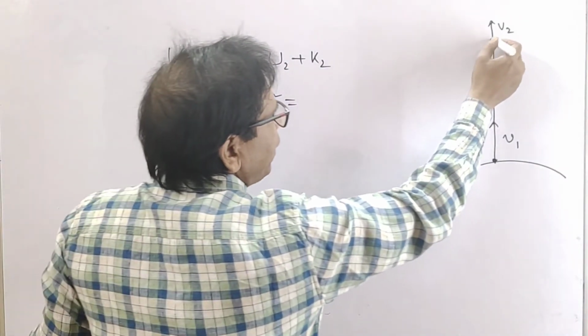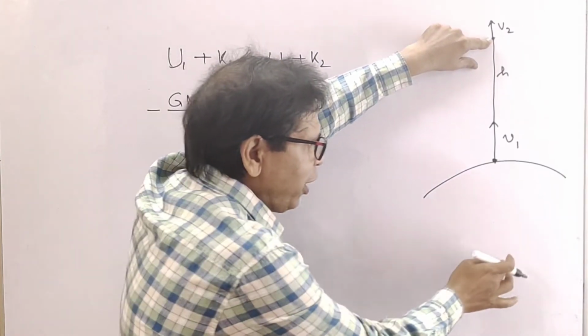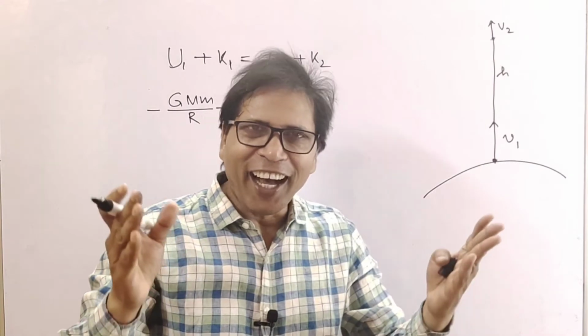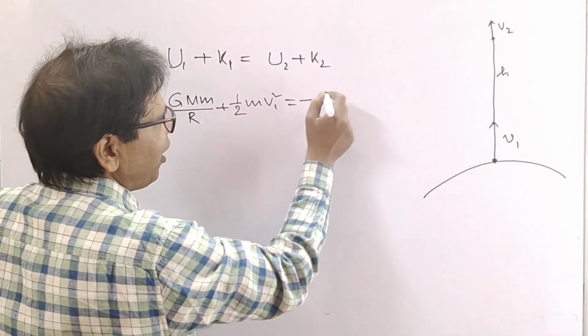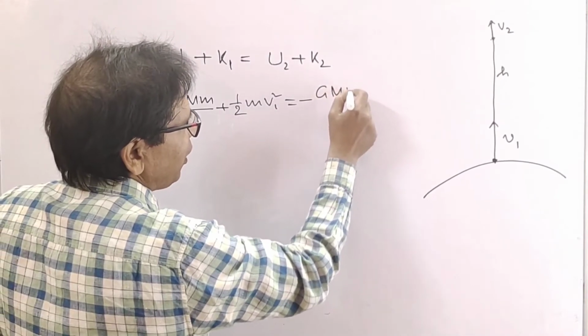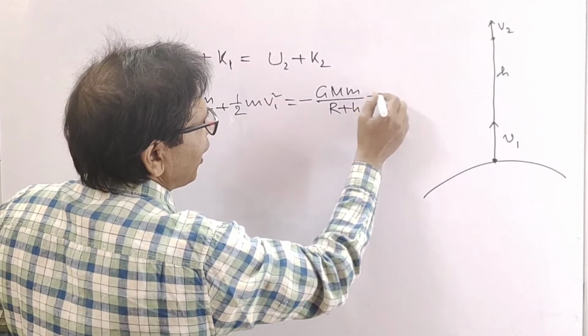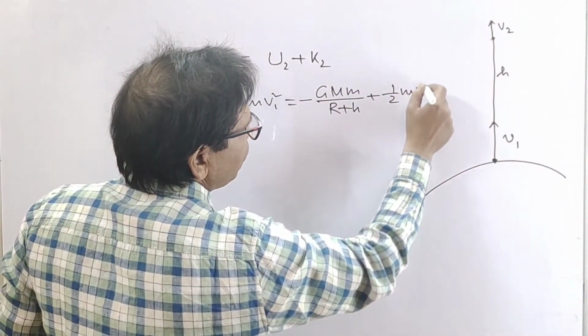Now potential energy at this point, look at this, the distance of this point from the center of the earth is R and h, so this is R plus h. Understood? So potential energy at this point is minus G capital M m divided by R plus h, and kinetic energy is half m v2 square.